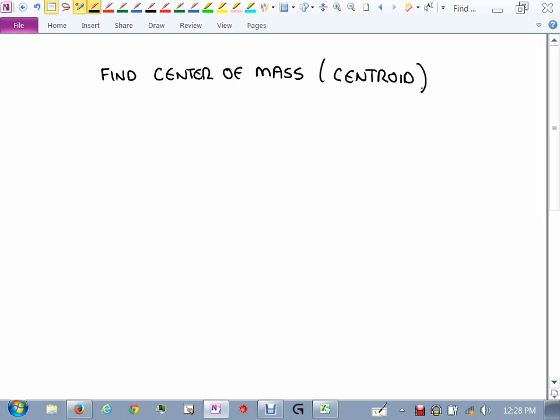It's another word for center of mass, centroid.